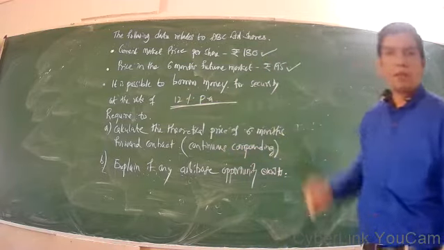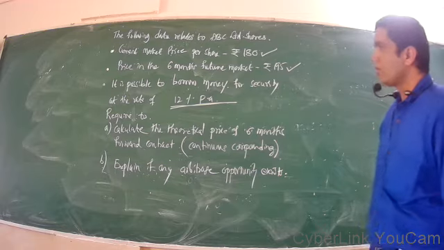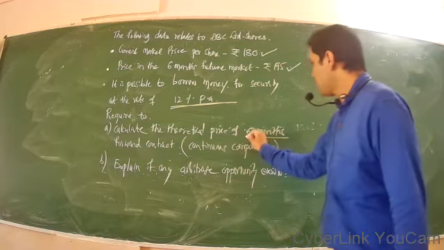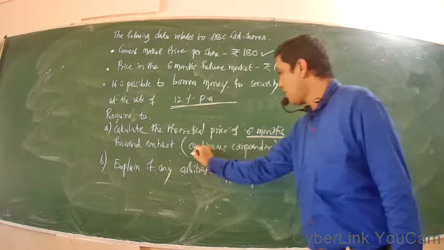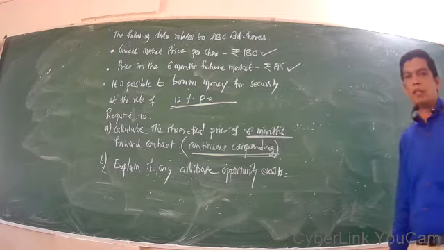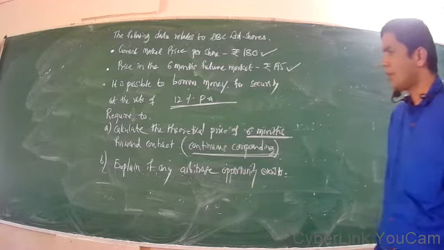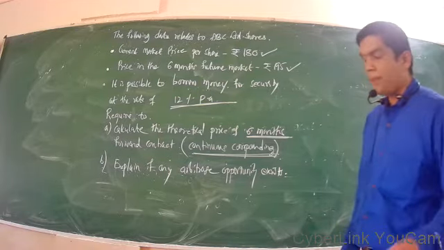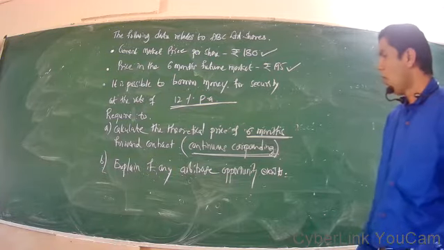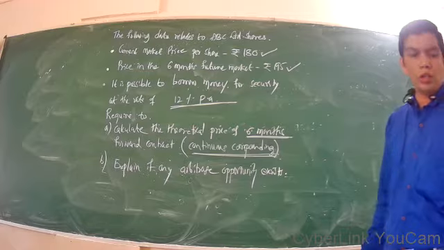You need to calculate the theoretical price of a 6-month forward contract, and they have assumed that the interest is calculated with continuous compounding, and you have to check whether any arbitrage opportunity exists or not.